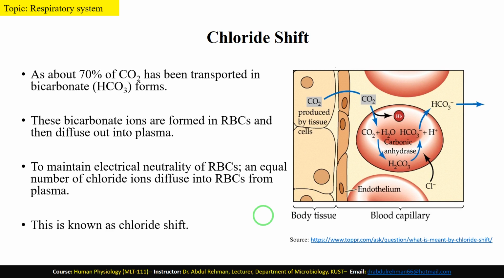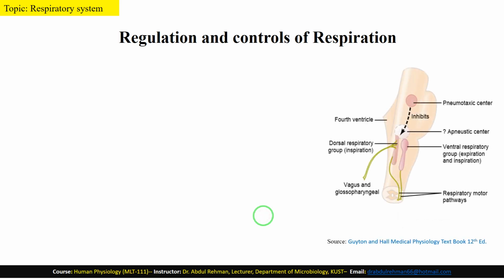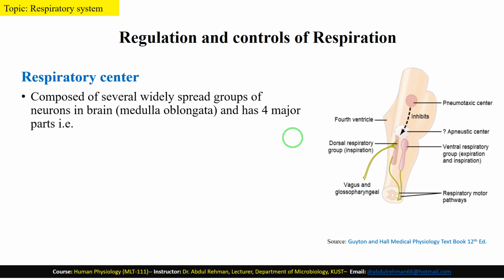After chloride shift, the next topic is regulation and control of respiration. For control of respiration, there is a center in the brain called the respiratory center. This center regulates and controls all the events of respiration, and it has four major parts. The dorsal respiratory group, responsible for inspiration.